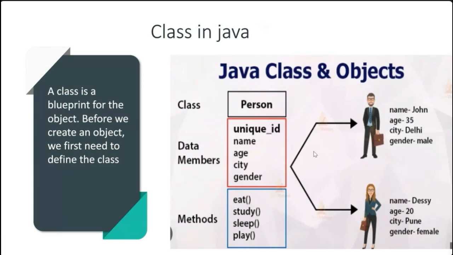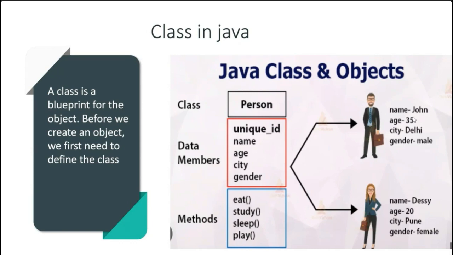You can see on my screen here, as I said, a class is a template for creating several objects or a single object, anything with similar properties. A class doesn't occupy any memory. It is just a logical entity that you use to create objects. A class has some properties. Here you can see John and Desi are two persons.